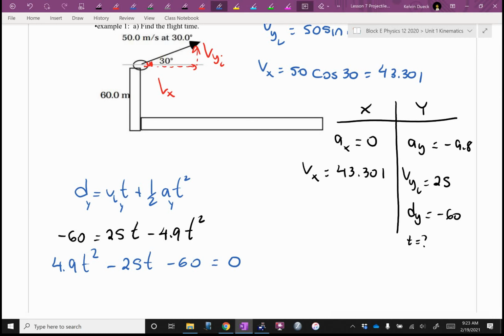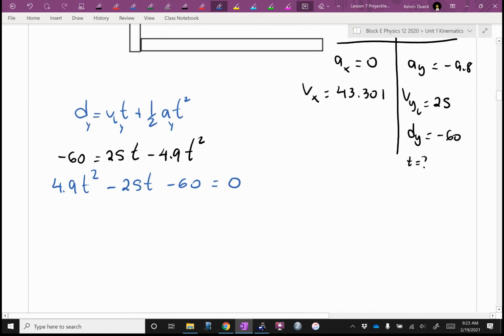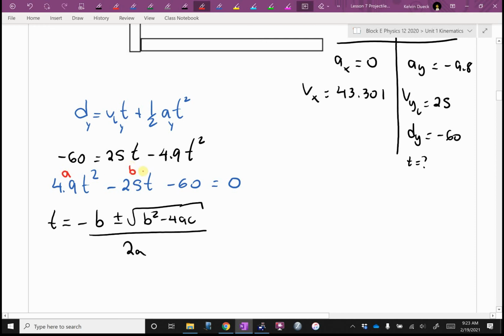How many of you have a quadratic solver? Go ahead. Those of us that do not, time for the quadratic formula, which is also on our formula sheet on the back page. It's going to be t equals negative b plus or minus the square root of b squared minus 4ac all over 2a. I'll make a little note in my equation. That's a, that's b, that's c.